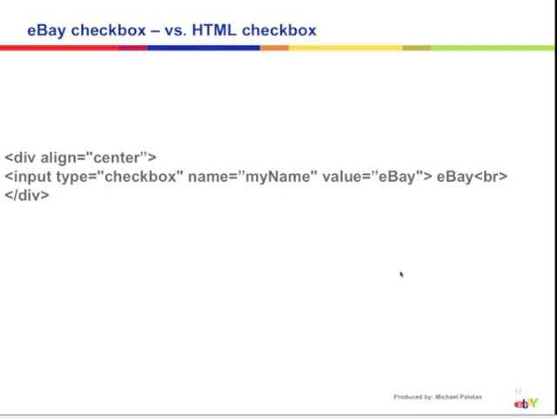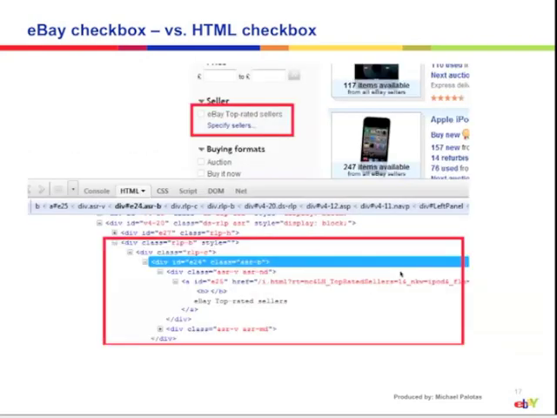So if you go onto eBay, you think that, well, it's going to look somewhat like this. Now, what it looks like on eBay is this, right? It looks like a checkbox, but when you actually look at the HTML, you may not exactly know right away that you're looking at a checkbox just by looking at the HTML.